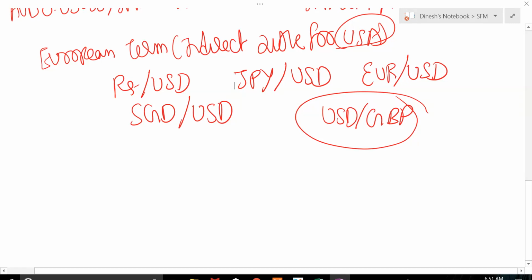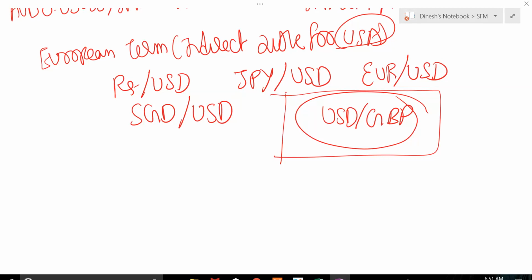So if they say between USD and GBP, you will interpret it as USD 1.2 per GBP. If they say the quote between INR and USD is 65, you will understand it as rupees 65 per USD. So it's very clear. Only for that purpose I have told you what is direct and what is indirect. Clear? Any doubts on this?